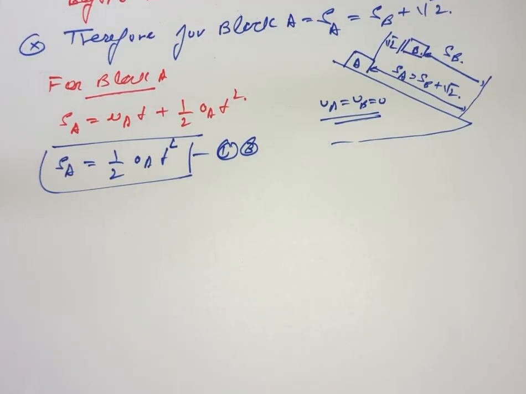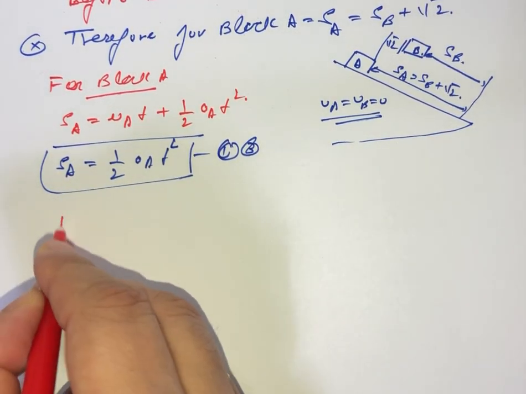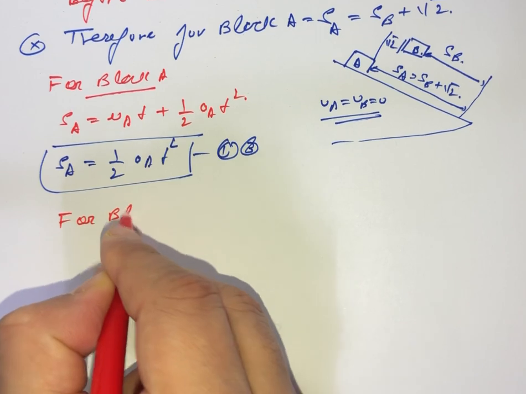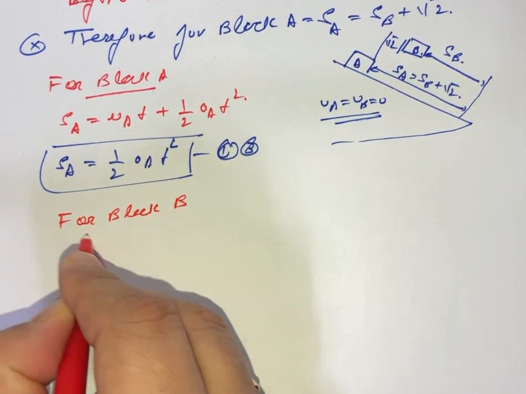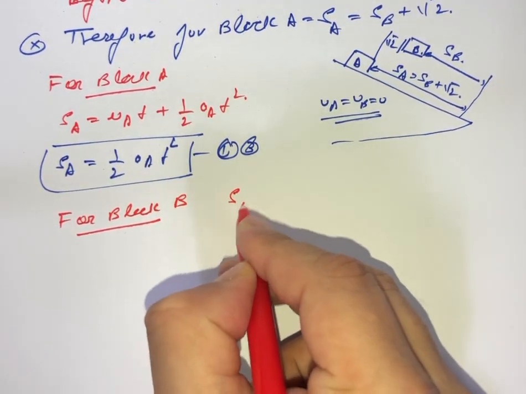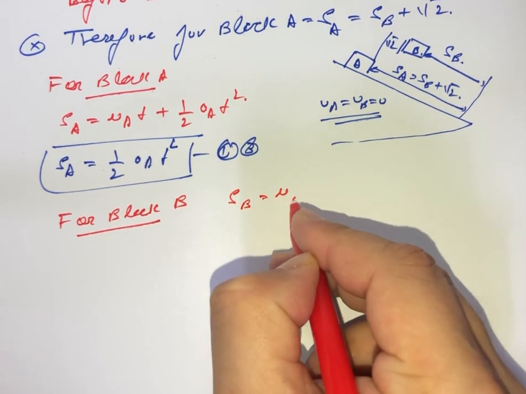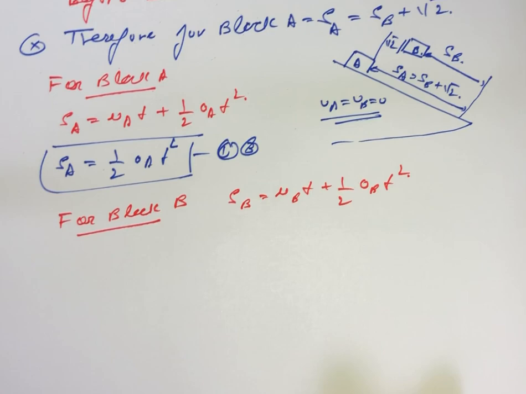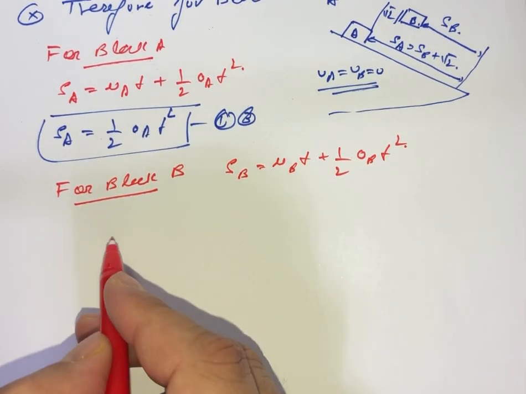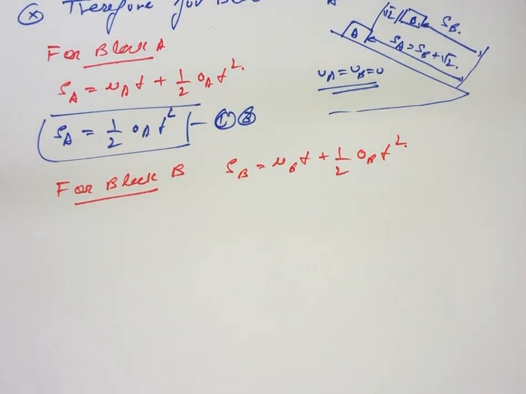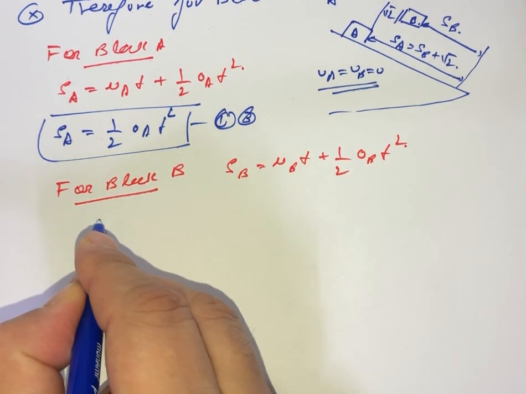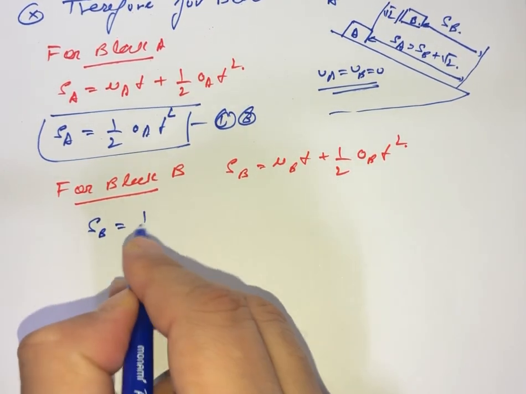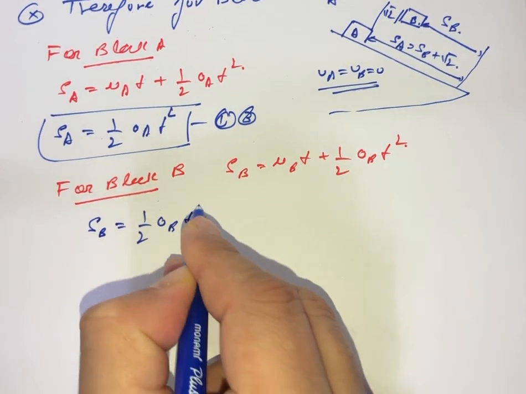And for block B, we can write SB equal to UB t plus half AB t square, so SB is equal to half AB t square.